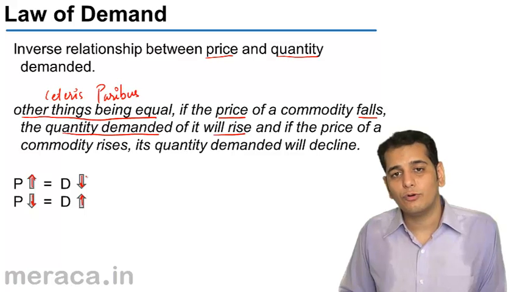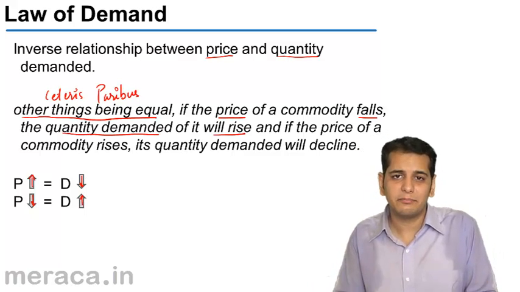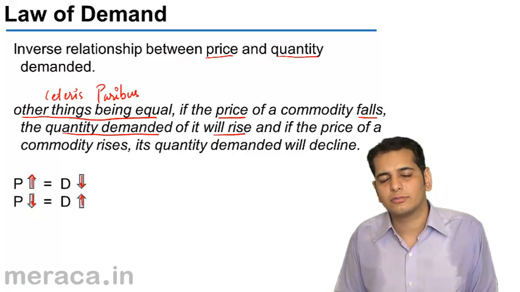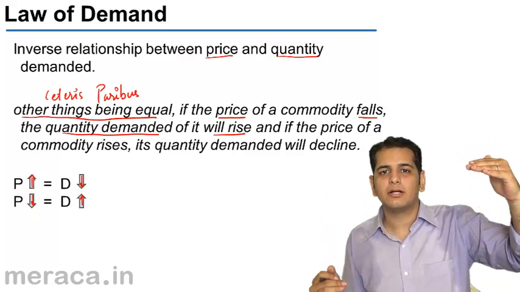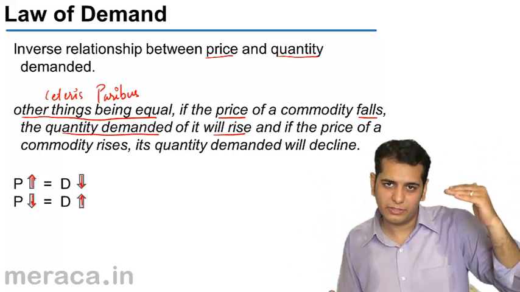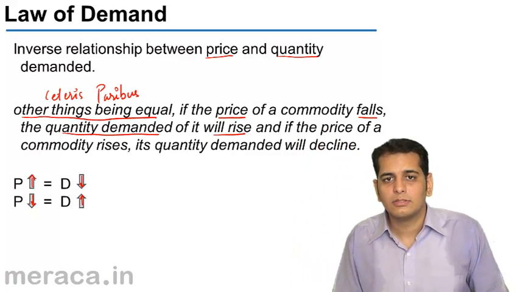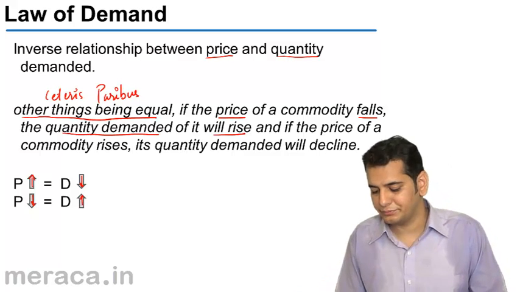D will fall. Which means there is an inverse relation between price and quantity demanded of that product. When price rises, the quantity demanded comes down. And when the price falls, the quantity demanded goes up. This is what is stated by the law of demand.